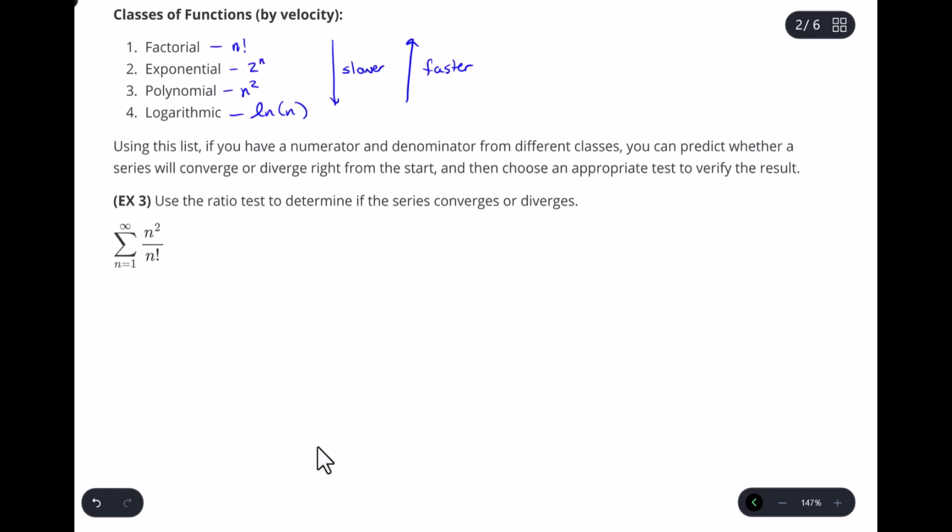So for instance, if I have the series n equals 1 to infinity of n squared over n factorial. A polynomial is going to go to infinity a lot slower than a factorial function. So the denominator is growing a lot faster, which means this absolutely should converge.